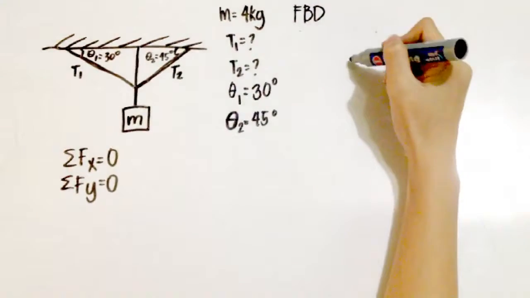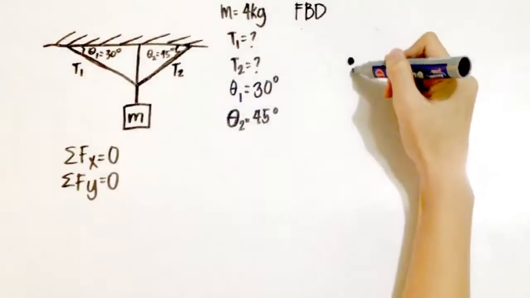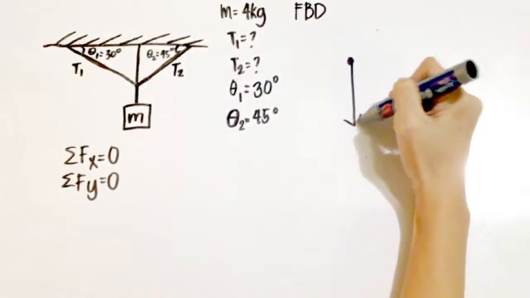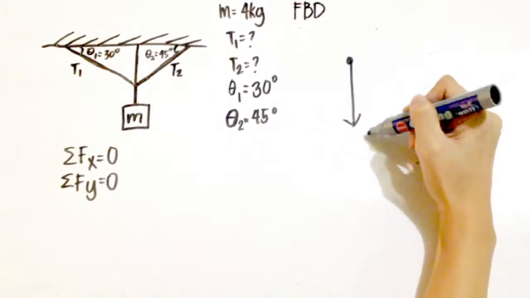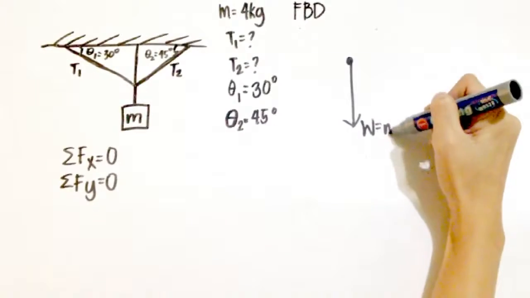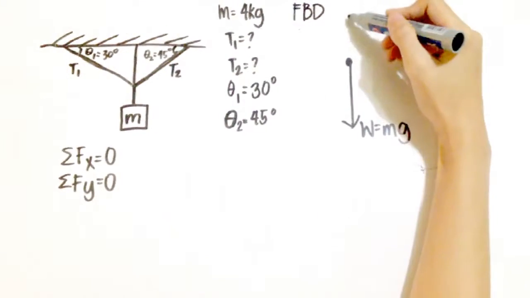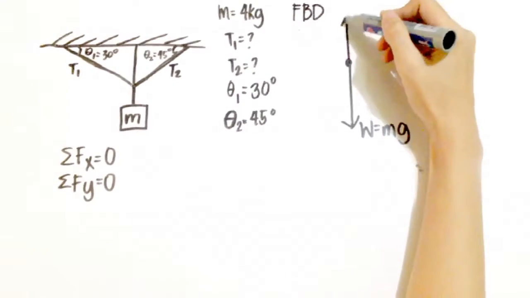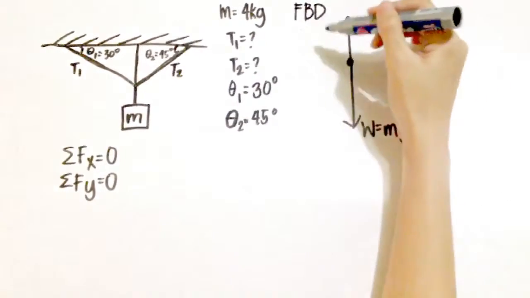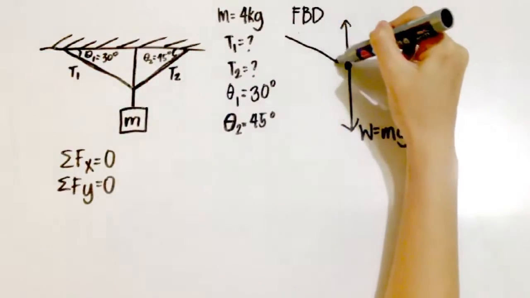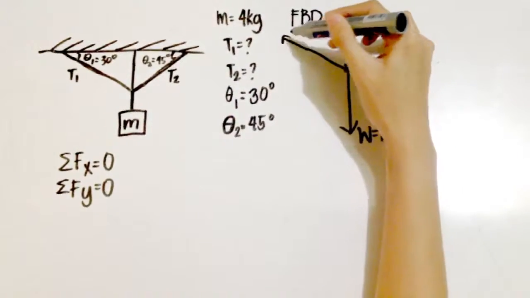First, draw the tension downward, which is equal to the weight of the object times the gravity. Then the y positive component, then the tension on the left side, which is 30 degrees.